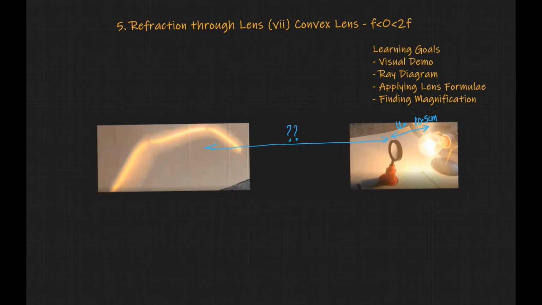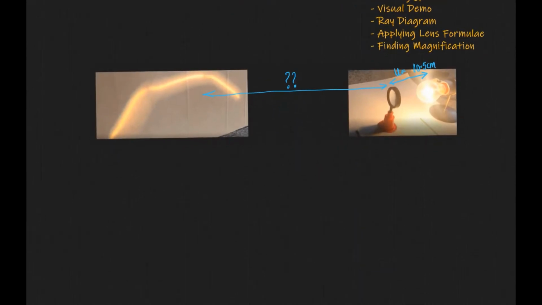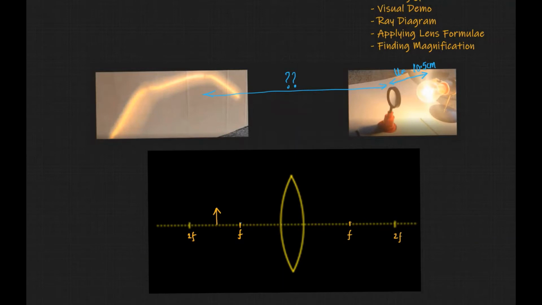Now the ray diagram for this would be as follows. If the object is between f and 2f, let's take a representative point and draw the ray diagram for this. So let a parallel ray go to the lens.